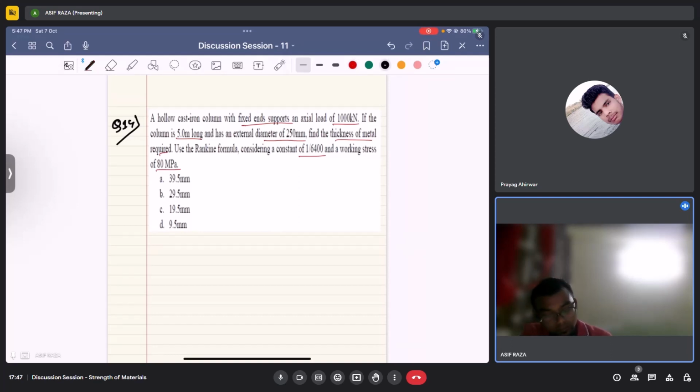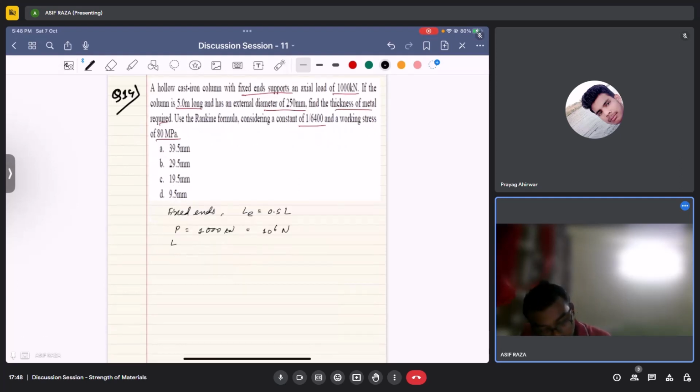This question has fixed ends, thus LE would be equal to 0.5 L. Axial load is 1000 kilonewton, I can write 10 to the power 6 Newton. The column length is 5000 mm, external diameter T naught is 250 mm. We need to find the thickness.